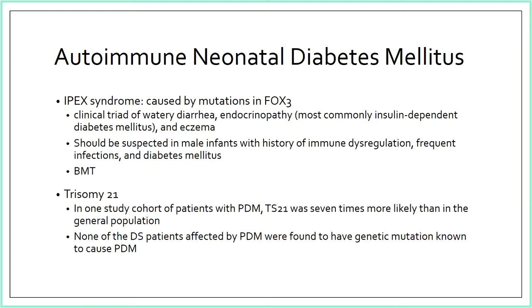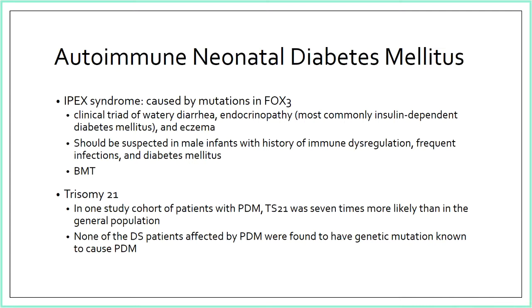And then I wanted to talk a little bit about trisomy 21. So we know that patients with Down syndrome are more likely to have childhood diabetes mellitus in general. This also includes presentation with neonatal diabetes mellitus. And so we know that trisomy 21 is probably associated with autoimmune diabetes that is not HLA associated.